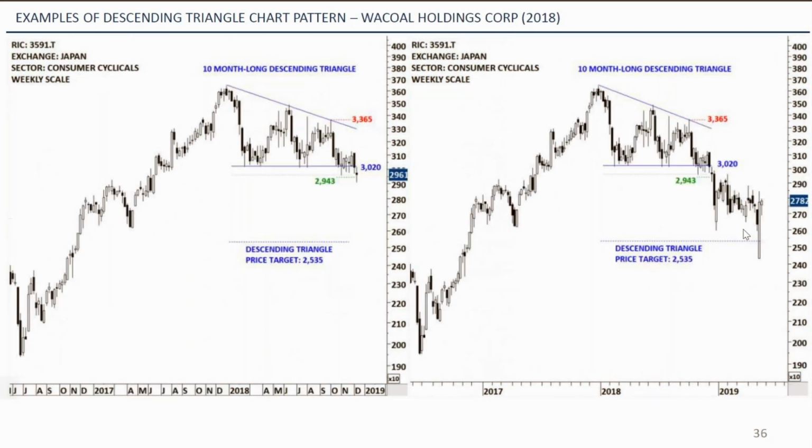Another descending triangle that acted as a reversal. You can see here that our descending triangles started succeeding when we formed the top in 2018. And our head and shoulder bottoms started succeeding when we started forming the bottoms in the beginning of 2019.